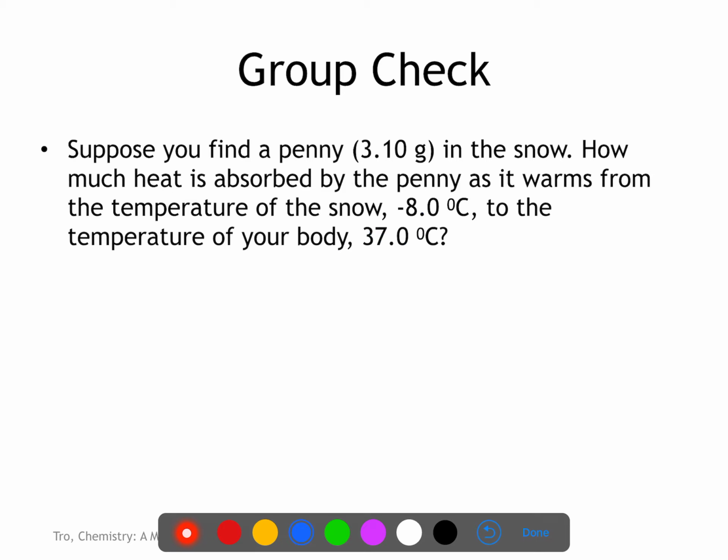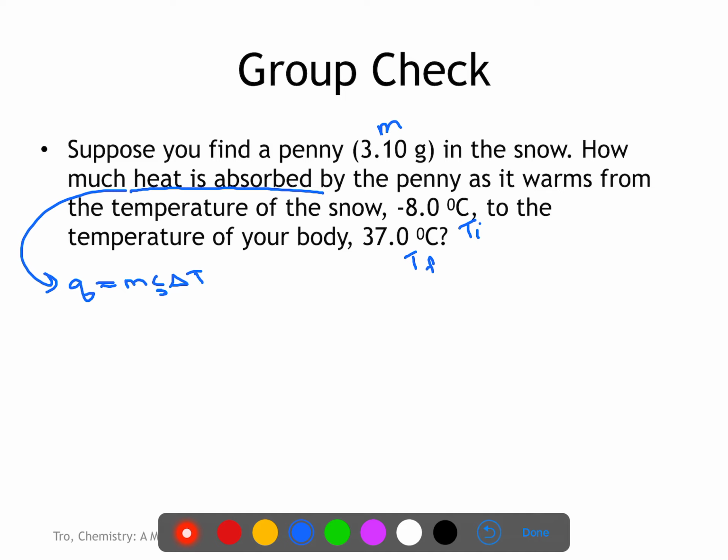Looking at another example. Suppose you find a penny, 3.10 grams, in the snow. How much heat is absorbed? Immediately I know I'm looking for Q equals mc delta T, as the penny warms from the temperature of the snow, -8 degrees Celsius, this is my T initial, to the temperature of your body, 37.0 degrees Celsius.